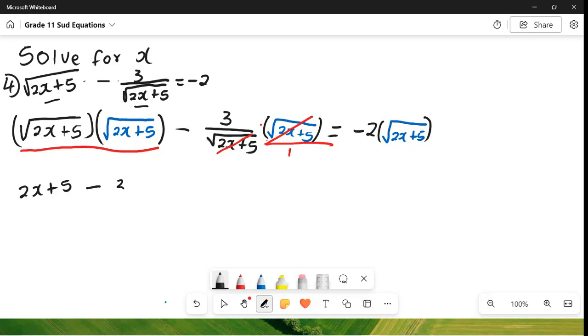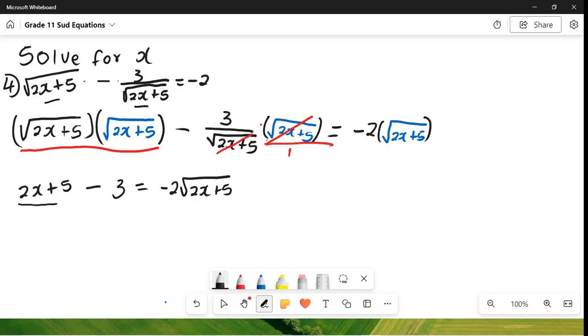So here we are left with minus 3 equals, on the other side, there's nothing that we can do about this. We're just going to have minus 2 square root of 2x plus 5.